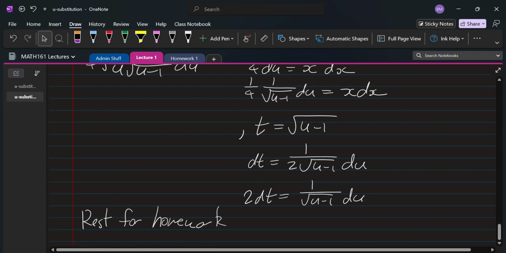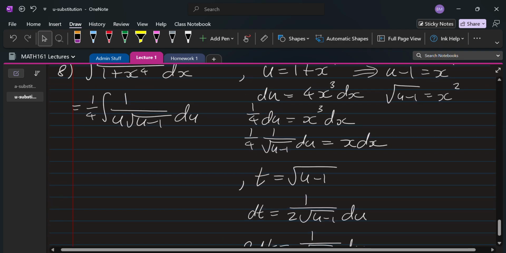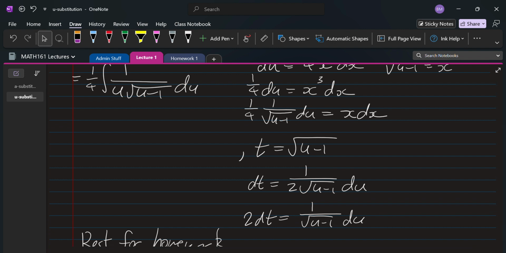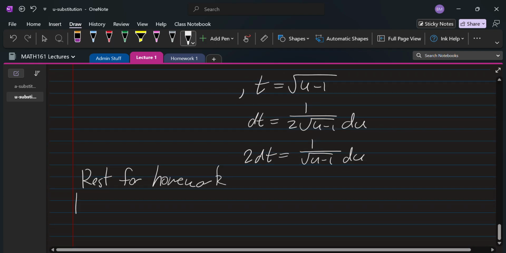So you've got what t is, you've got dt, sub it in, and then you can just do the integral right away. Now, remember, when you get your answer in terms of t, you need to substitute back for u, and then once it's u, you substitute back for x, because you've got the 2 substitution steps.